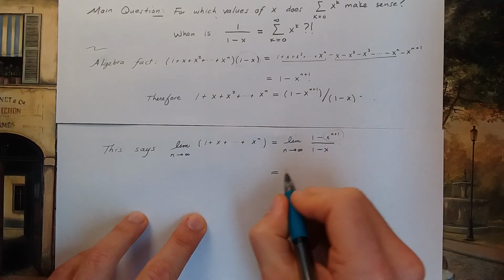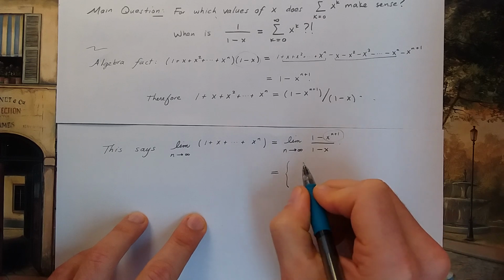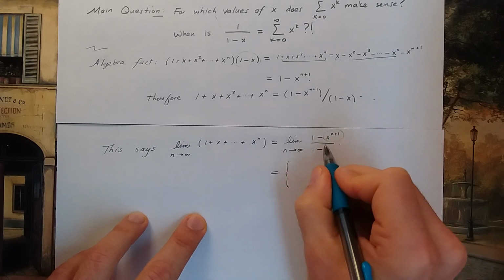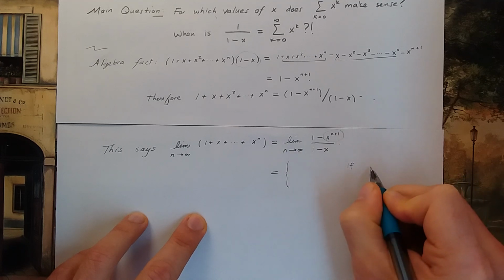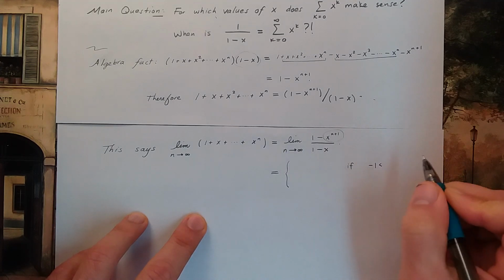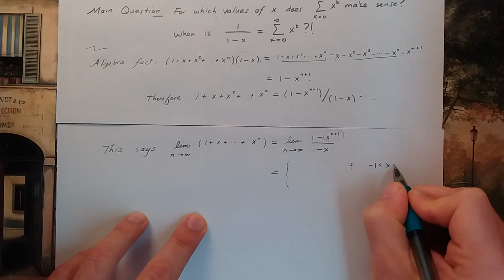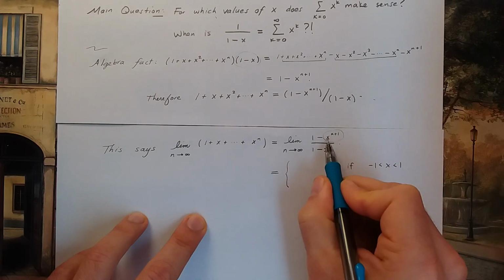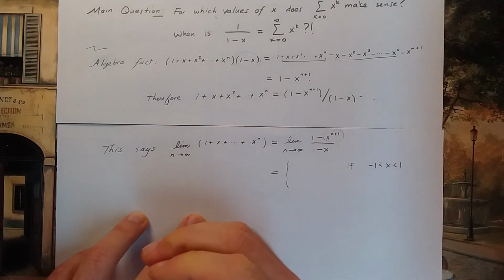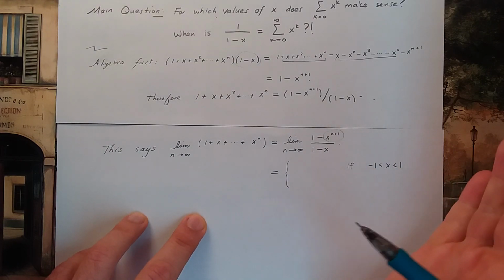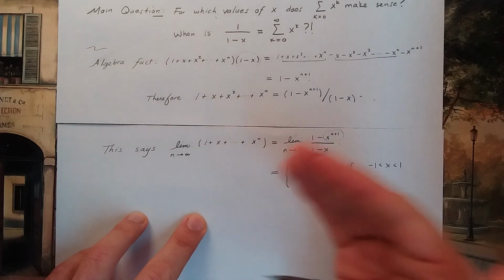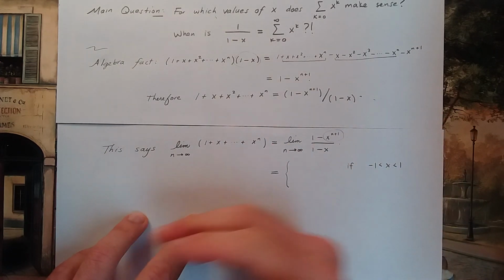Well, if you think about it for a minute, you might see that if x is in between negative 1 and 1, then powers of x get smaller. So 1/2 squared is smaller than 1/2. 1/2 cubed is smaller than 1/2 squared.